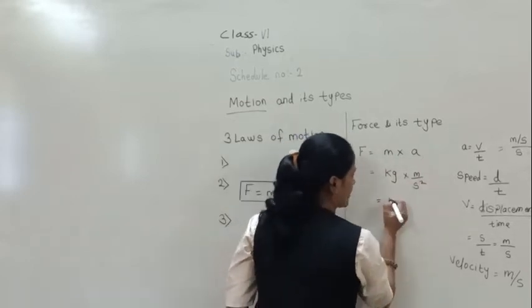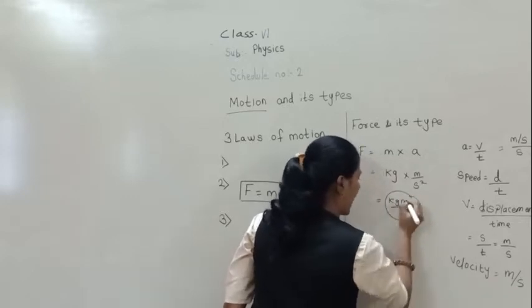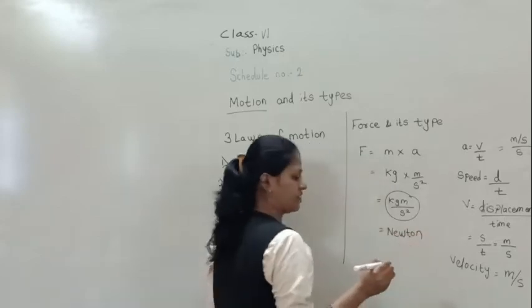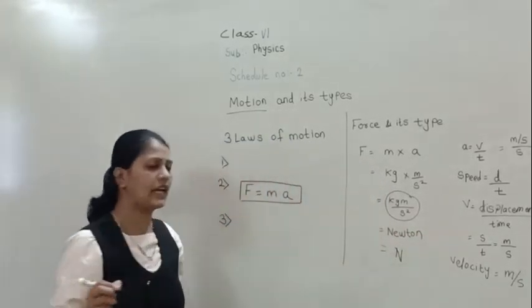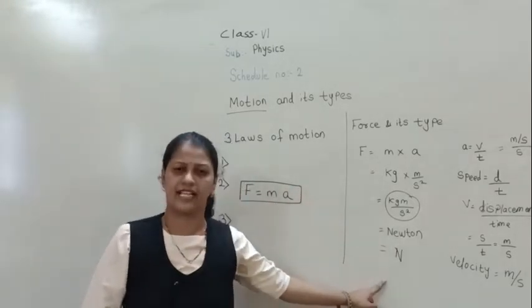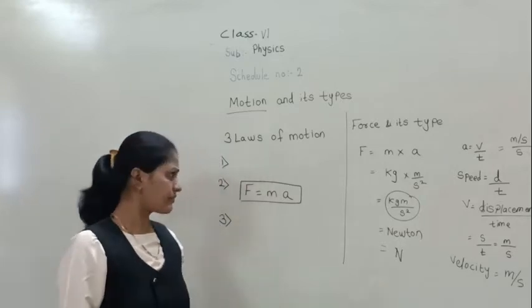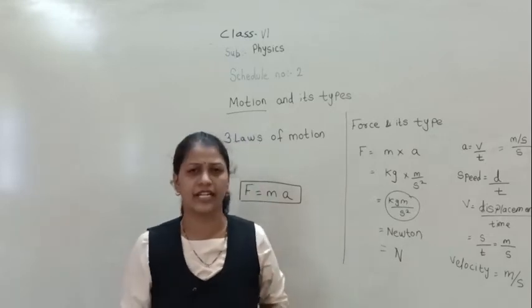So this kg meter upon second square is called Newton, and it is denoted by capital N. So the SI unit of force is Newton. Are you getting this? Then can you tell me whether force is a scalar or vector quantity?